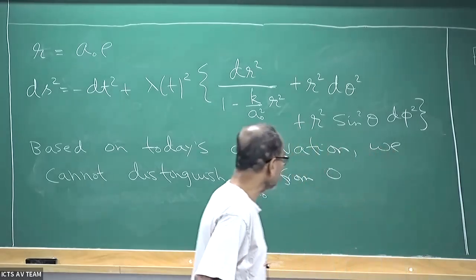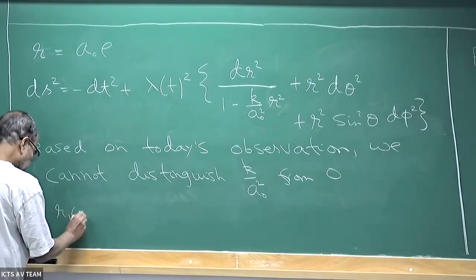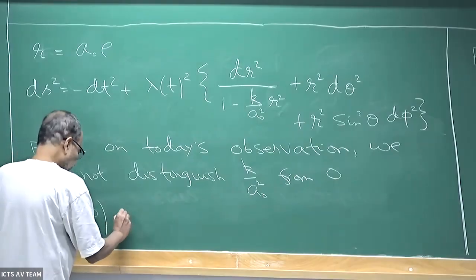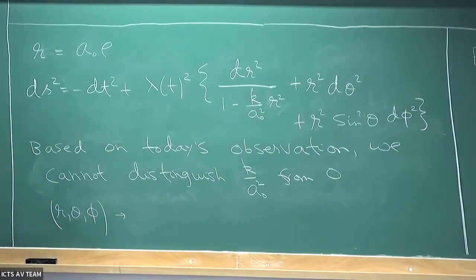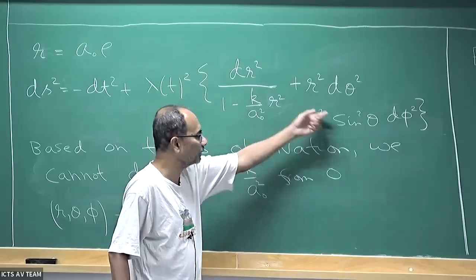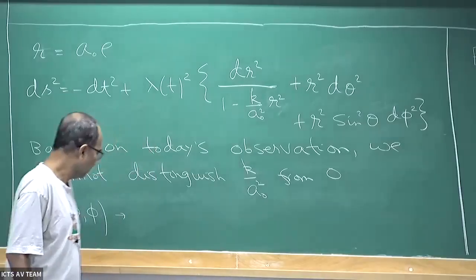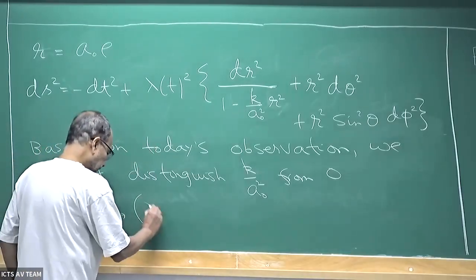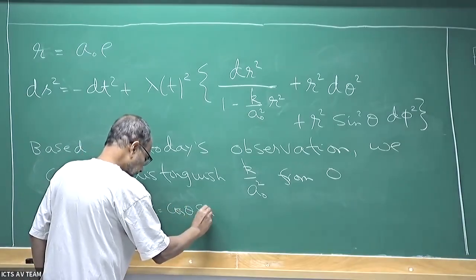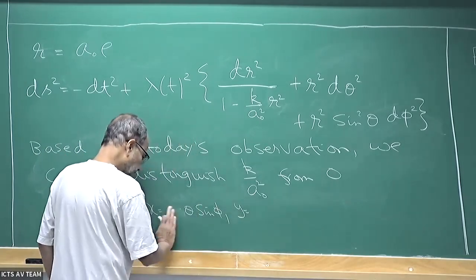So these coordinates, r theta phi, or equivalently, we can change to Cartesian-like coordinates, because if this is 0, then you can always change from r theta phi to xyz Cartesian coordinates. Within this statement, it becomes something coordinate dependent.